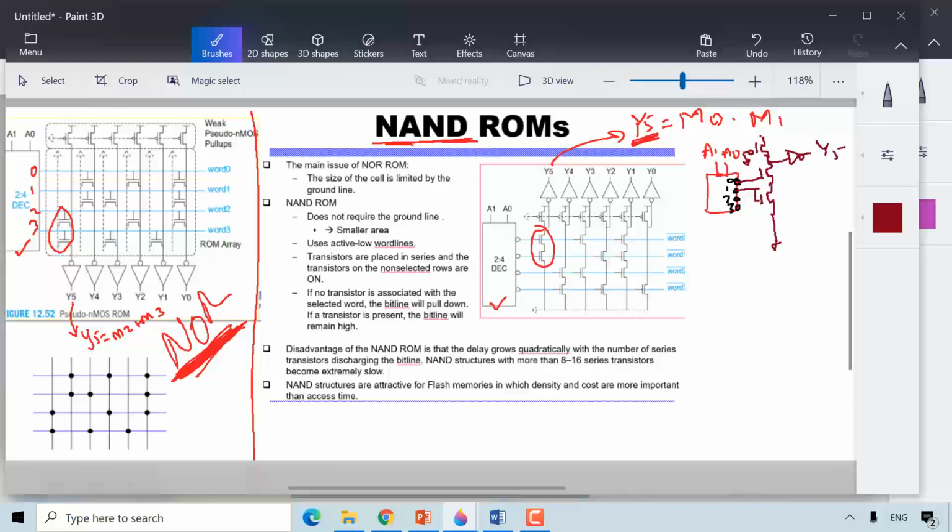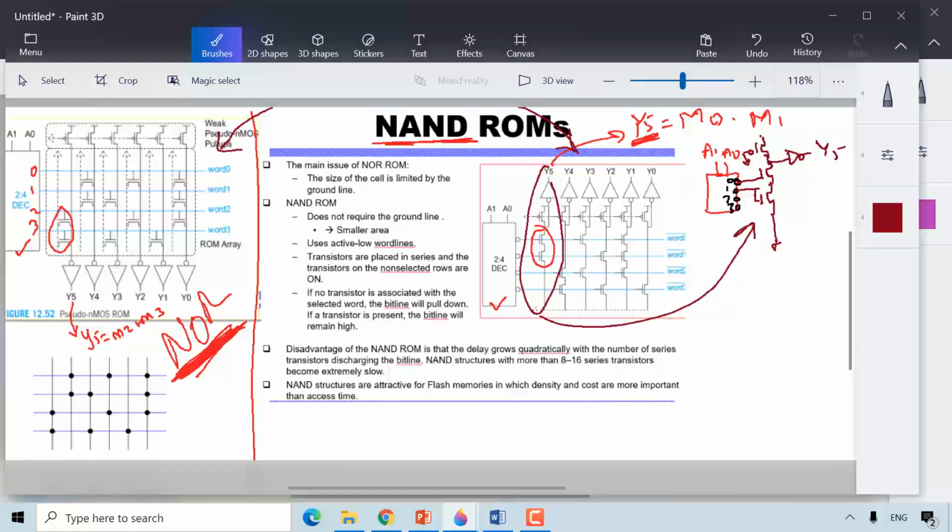This is exactly what I have implemented right here, and the rest Y5, Y4, Y3, Y2, Y1, and Y0. By the way, the functions here are the same as the functions here, but one uses NOR implementation and one uses NAND implementation. The NOR implementation is sum of min terms. The NAND implementation is product of max terms.